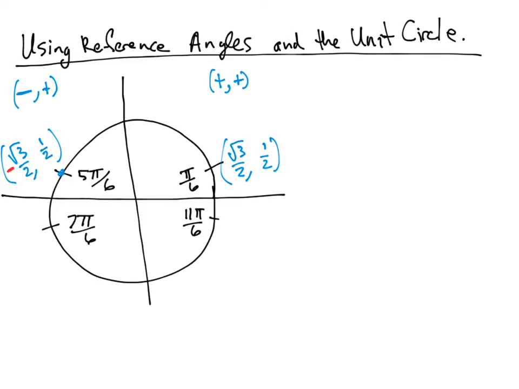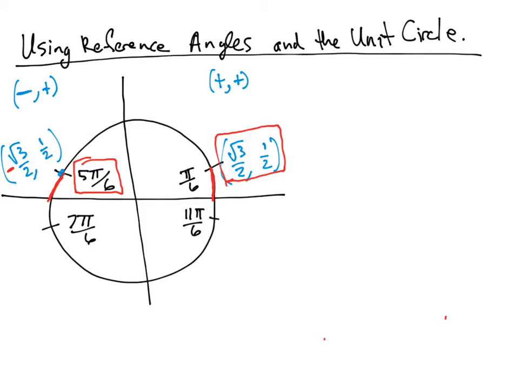Okay, so what we need to realize is that when we see this angle 5 pi over 6, we can think, oh, that has a reference angle. This distance right here is the same as this distance right here. So if we see an angle that's 5 pi over 6, the reference angle there is pi over 6. Once we realize that the reference angle is pi over 6, we can recall that these are the coordinates for that reference angle.